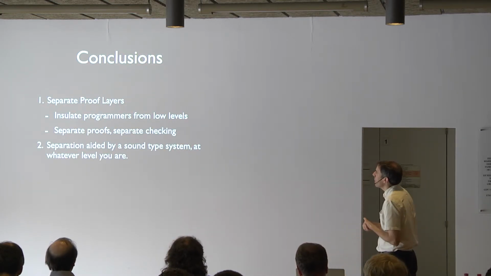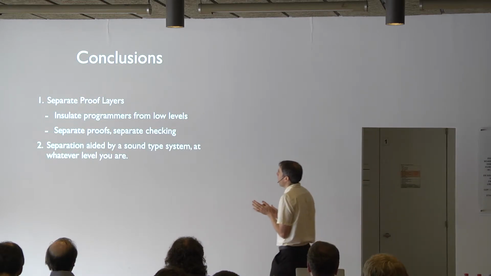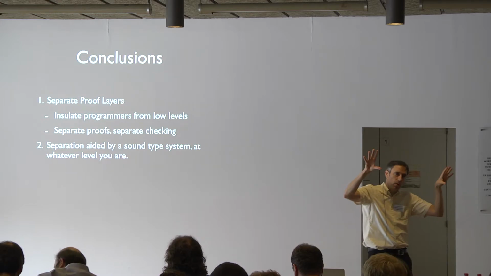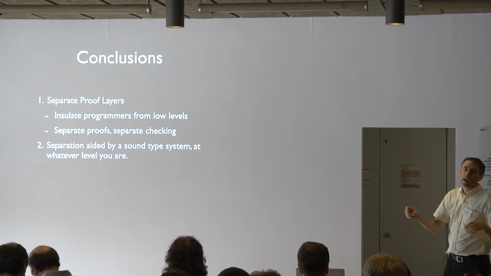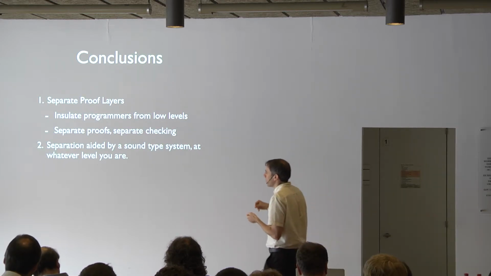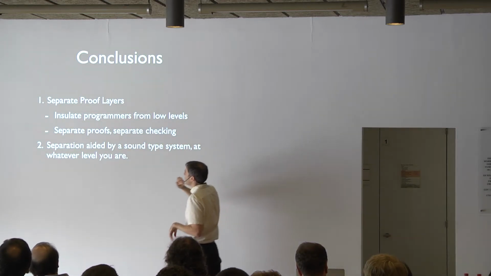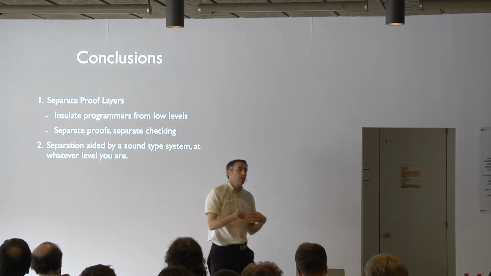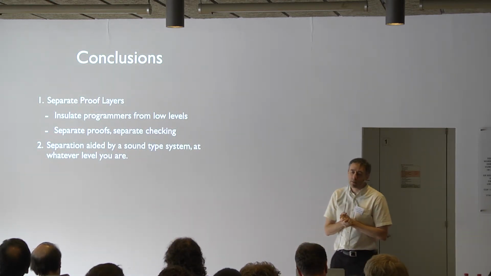And so in conclusion, having these separate proof layers allows us to separate the person doing the application program from the things underneath. This is useful because it allows us to think at the high level about what we want to do. And if we have separate proofs, we have separate proof checking, which gives us all the efficiency we know from that.